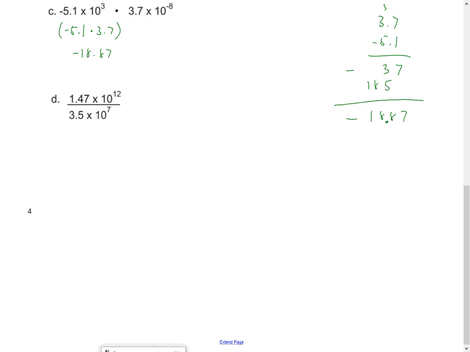Powers of 10. There's my times. There's my 10. I have a 3 plus a negative 8. Does that make sense to you? Remember, we're multiplying the powers of 10, aren't we? It's negative 3. Is that? It's not an 8. Ours says negative 3. Yours says negative... Did I change it?